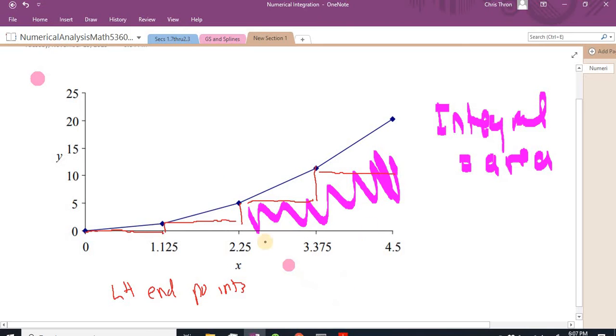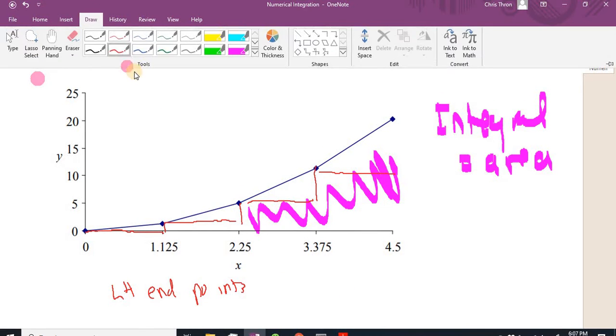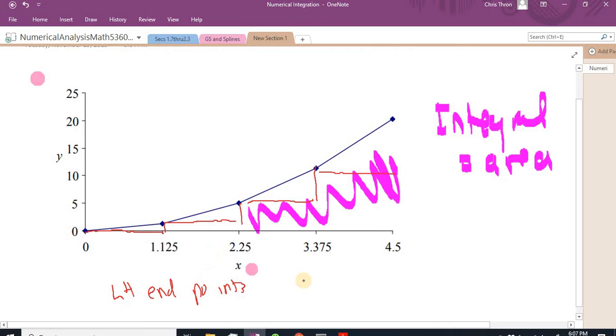So that's the left-hand endpoint. You could do the right-hand endpoint, which would give you a different result. Here I would have a bar of this height, because the right-hand endpoint is here, and here, and then here, and then here.